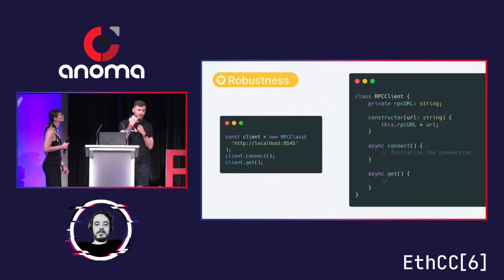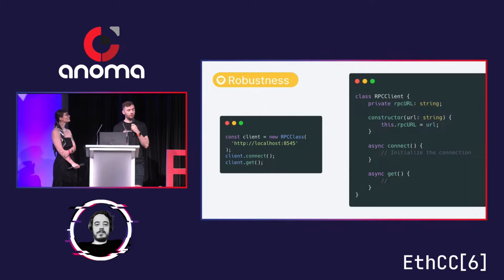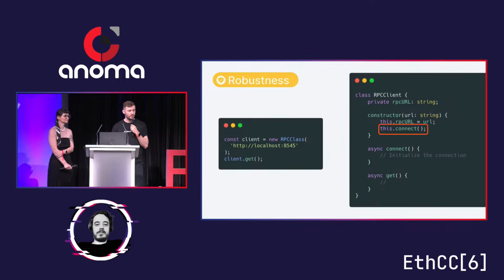And I do have an example. Let's look at this class. We have the RPC client class to the right, and to the left, we have how a user, a dev, interacts with it. In this case, they need to instantiate it, they need to call connect, and after that, they can get some information. You can do a small change to it, like what if you connect it right away?